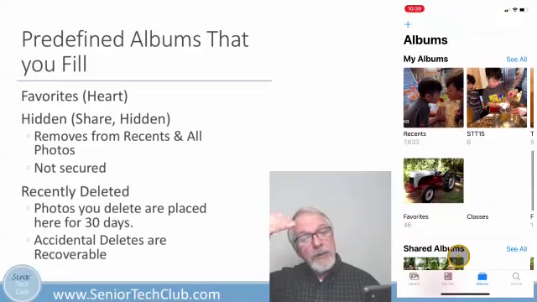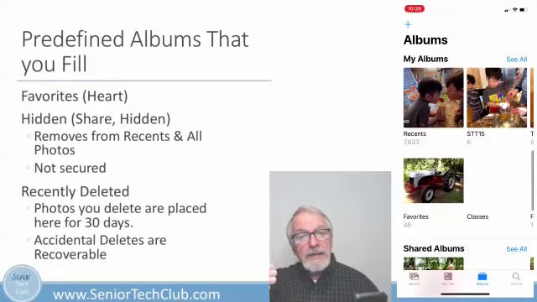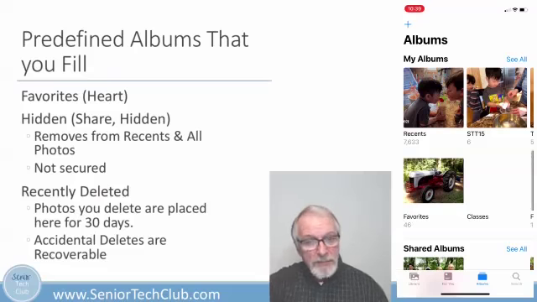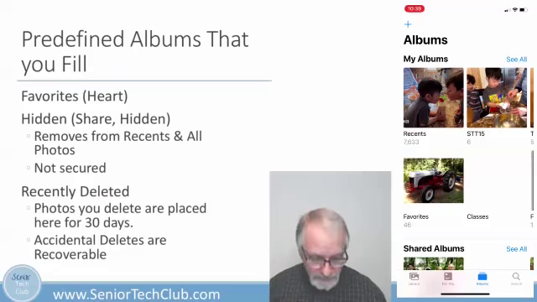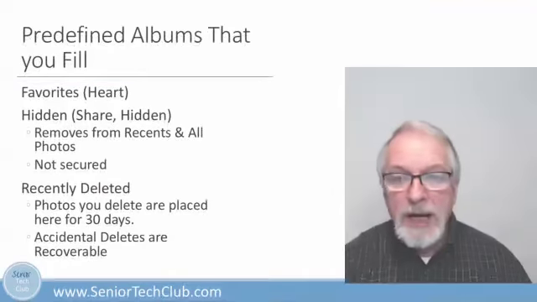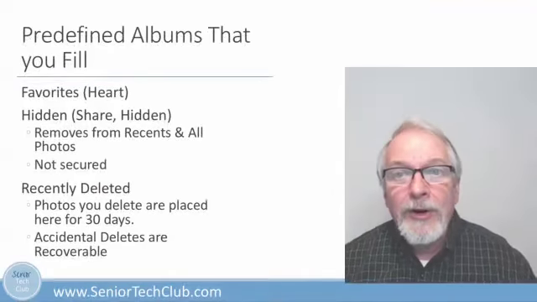Recently deleted is another example of what I would call a predefined album, right? However, you fill it, right? You fill it by deleting photos. Photos that you delete will stay in the recently deleted album for 30 days, following which they are gone forever, right?